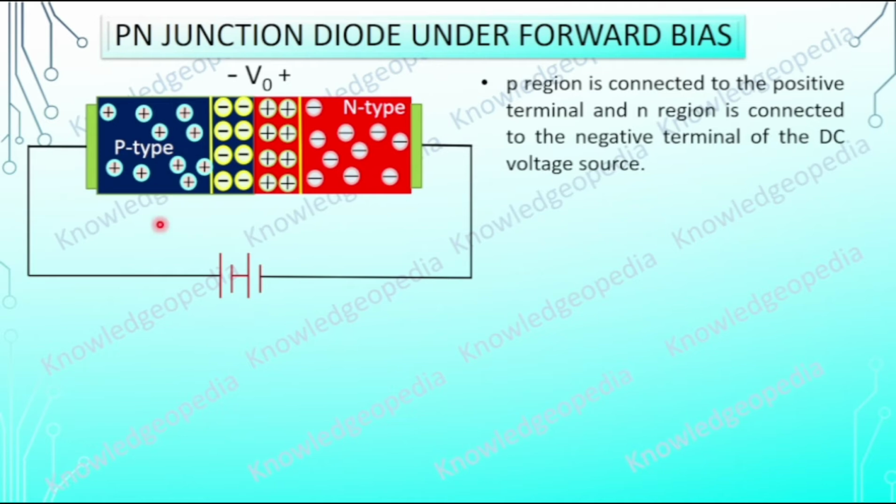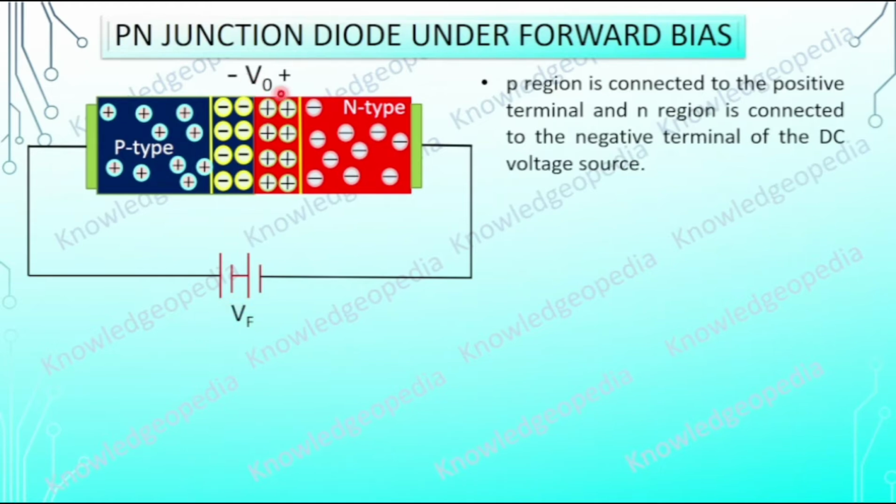So this is the connection. The P side is connected to the positive side of the battery and the negative terminal of the battery is connected to the N side of the PN junction diode. Let the value of this potential be Vf. This F denotes that this is a forward bias.